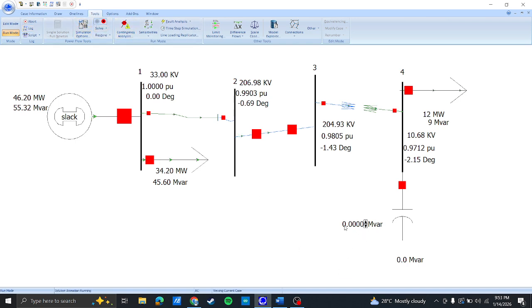So now we set the shunt component, and we will adjust the value until it reaches 1 power factor for all of the buses.